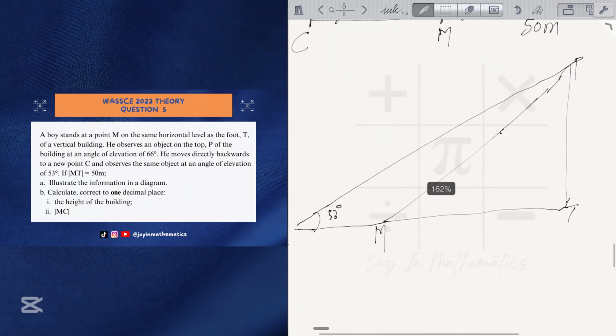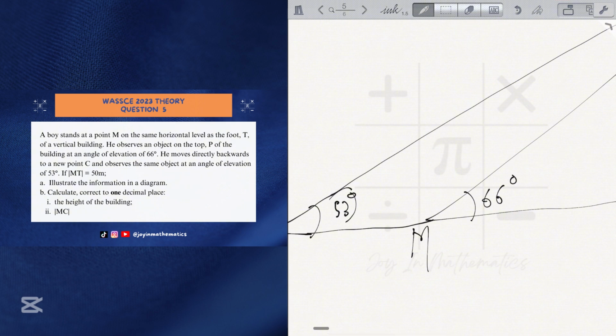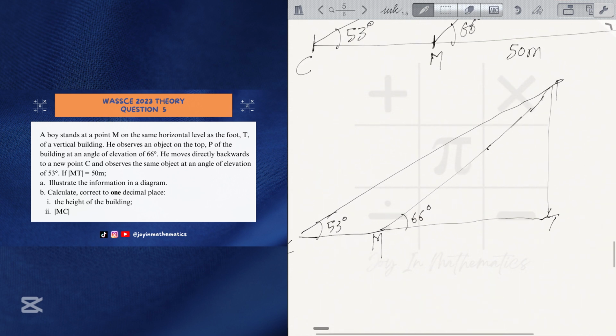And the angle here is 66 degrees. We're given that MT is equal to 50 meters and the building has a height H.